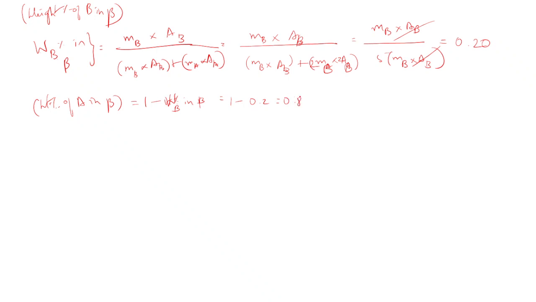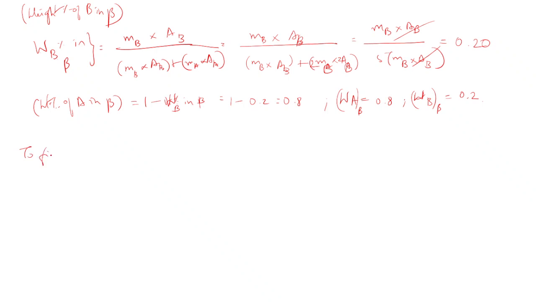Now we found the composition of A and B in beta. So the weight composition of A is 0.8, and the weight percentage of B in beta is 0.2. Now we have to find the composition of alpha plus beta.